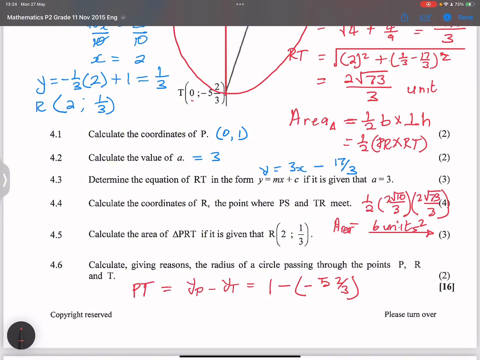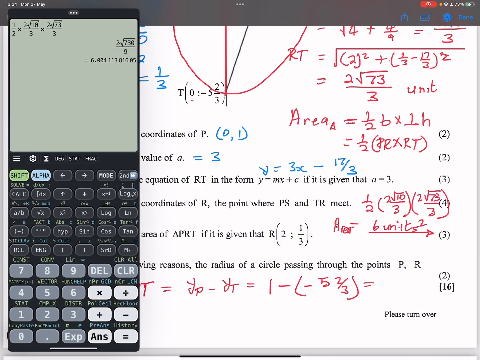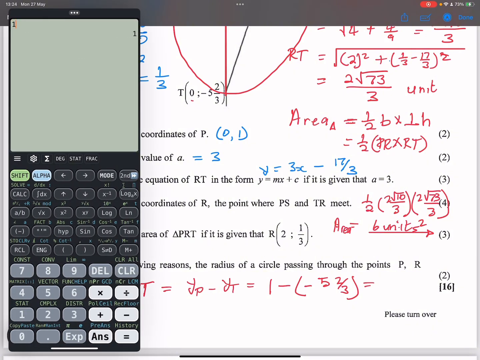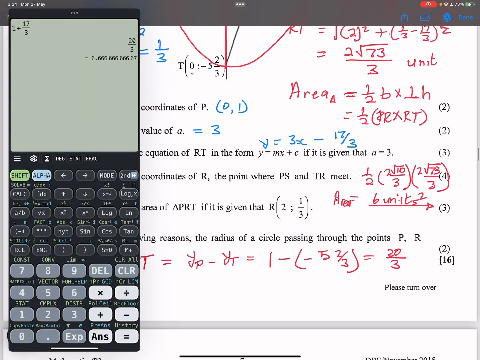Okay, and that's 1 plus 5 and 2 over 3. Remember I said to you that's 17 over 3. Okay, and that gives us 20 over 3. So that's the length of PT. But remember, we need to also divide that by 2 because we're not looking for the diameter, but we're looking for the radius.